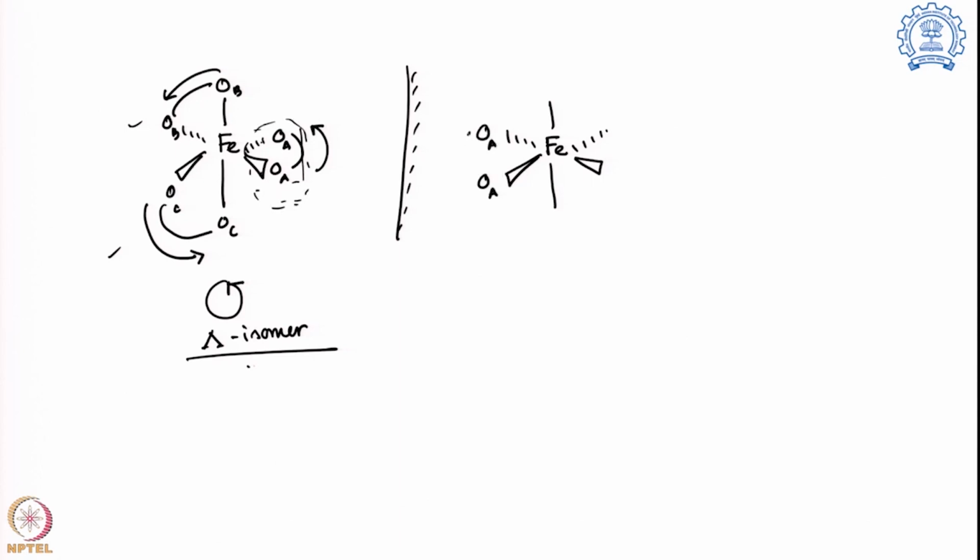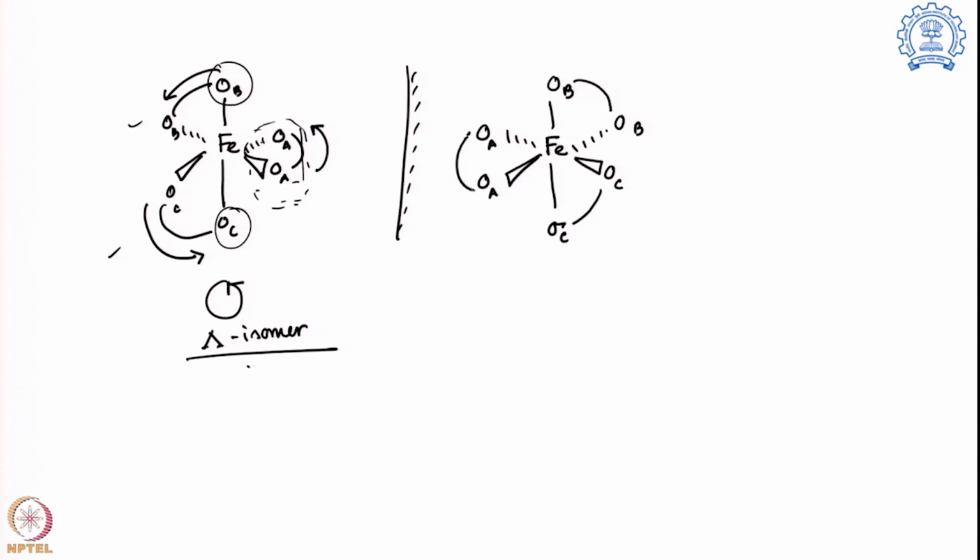So, OB on the top, OC on the top is going to remain as it is. This OC over here is going to come on this side. And the remaining will be the OB, and then the connections are going to be like this.